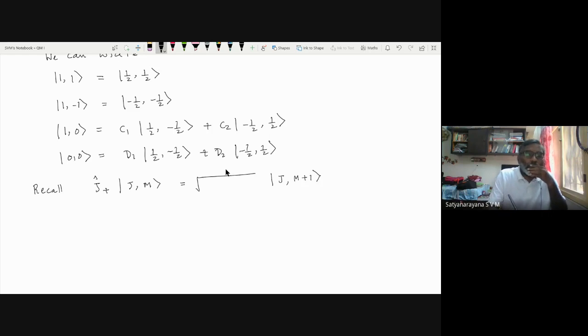If we put a minus, then this will become m plus or minus 1. And then there is a factor here. I think we have looked at that factor earlier. That is j into j plus 1 minus m into m plus or minus 1, if I remember correctly. So this is the factor that we have whether it is J plus or J minus.